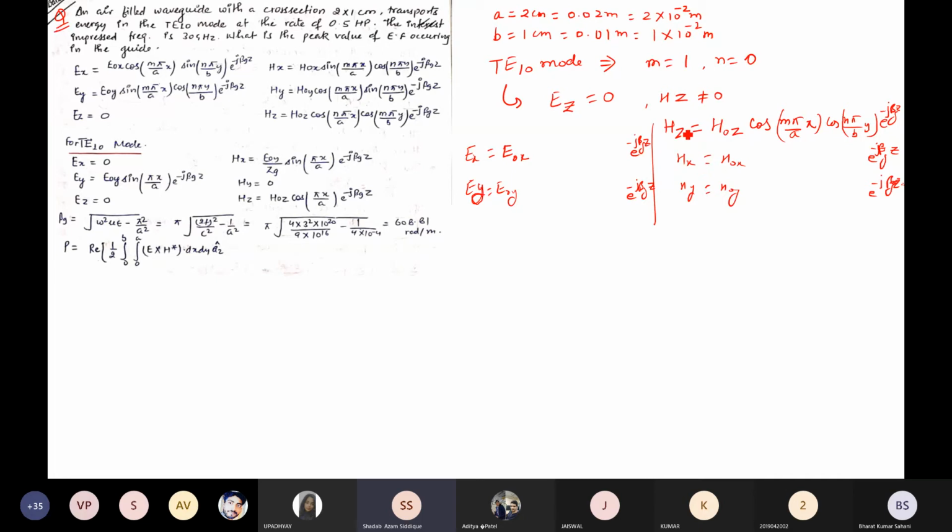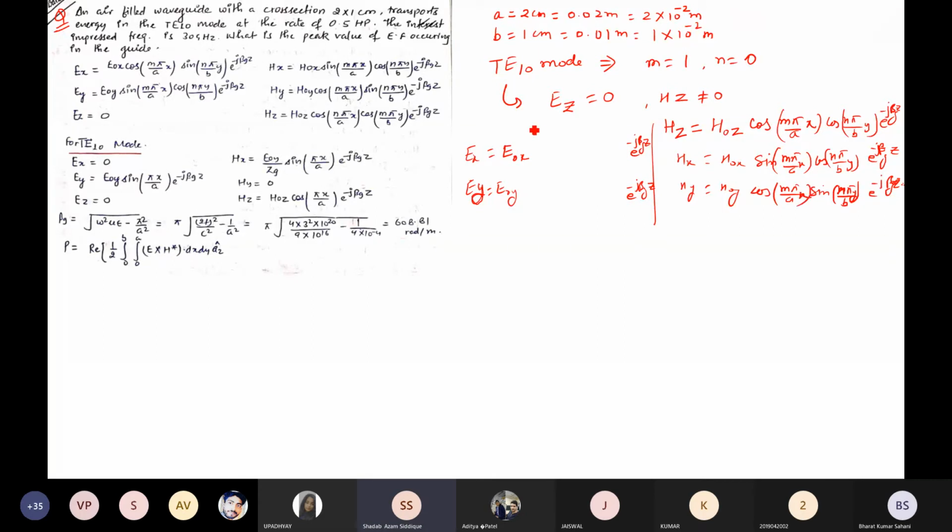So first of all, I'm talking about Hx. We have the Hz component, I'll try to write. So that will be differentiated, the x term will be differentiated. That can be written as sine m pi by a into x, cos n pi by b into y. And this can be written as the y term now, so this will be differentiated: sine n pi by b into y, and this can be written as cos x.